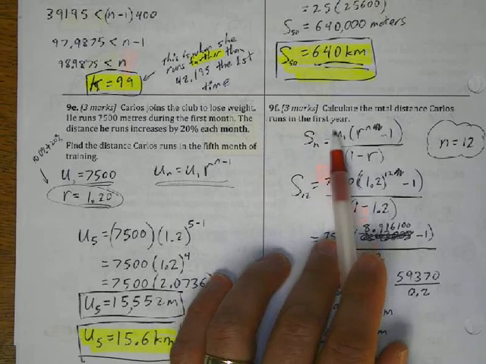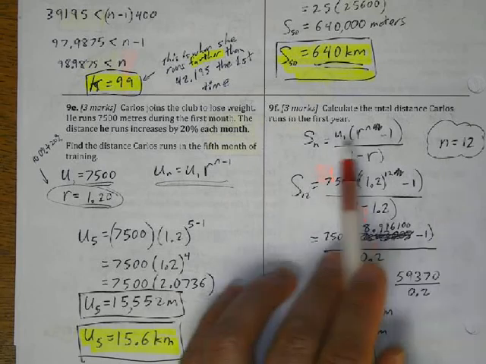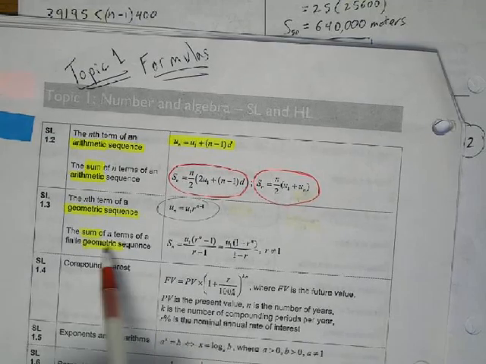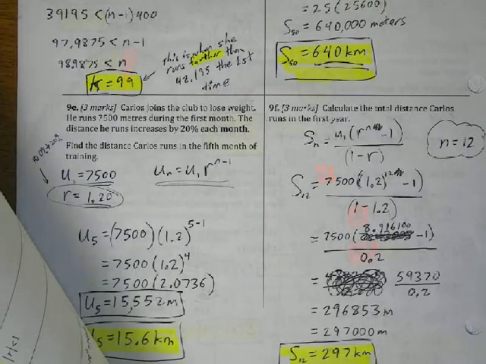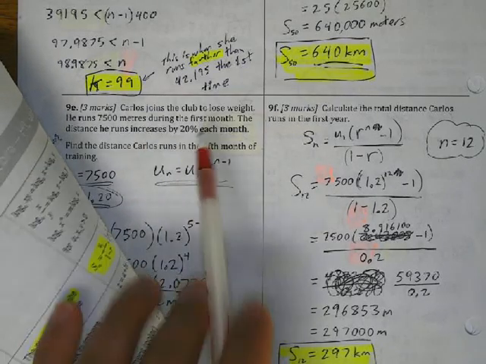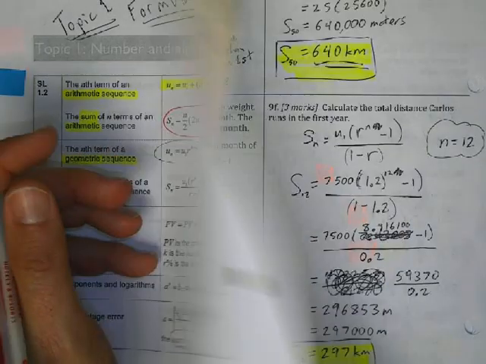Okay, so in a year, we know there's 12 months, so n is 12. This is geometric, correct? Because he's increasing 20% each time. So that means it's geometric, and I can use either of these formulas.